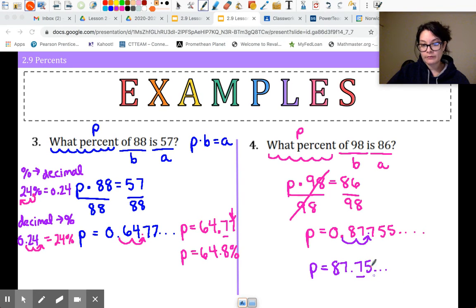So I'm going to round the 7 up because this is 5 or more, so we raise the score. So I'm going to get 87.8%. Also, something important to note here, when we are solving for a percent, we throw a percent symbol after we convert it back to that percentage.